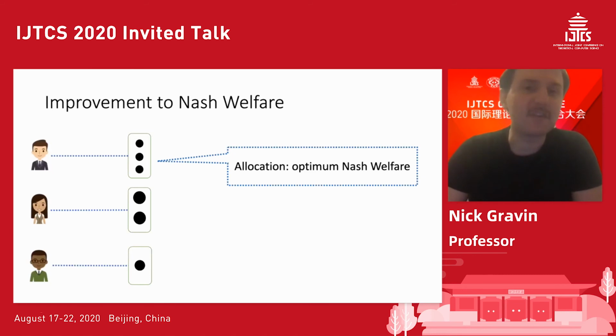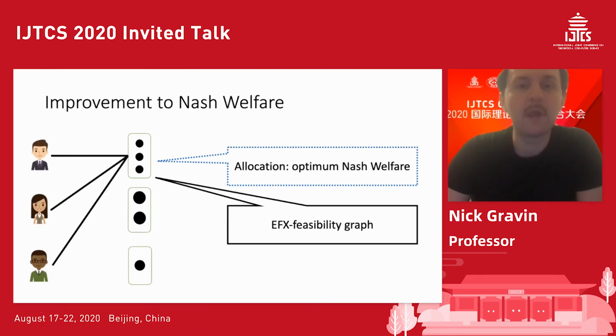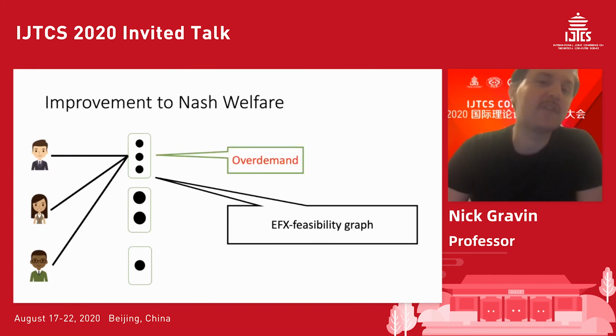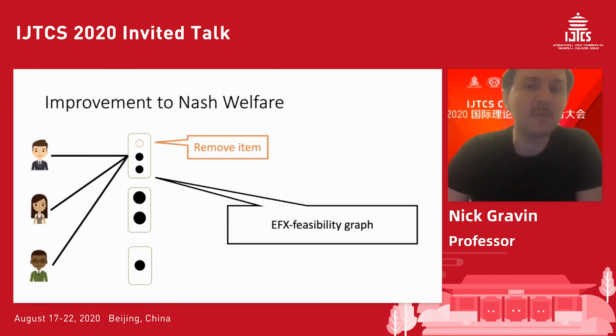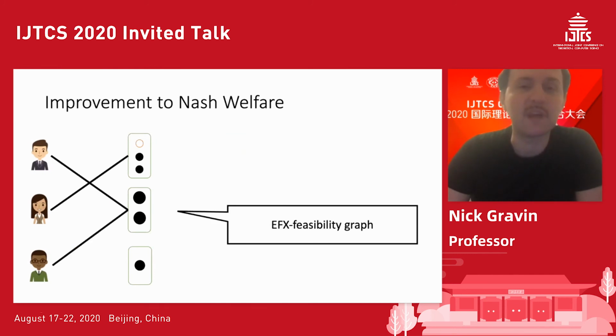So let me just illustrate the high-level point of the analysis. The idea is to improve Nash welfare. We start with, let's say, the optimum Nash welfare allocation, right? And then we look at the EFX feasibility graph. We look at an over-demanded bundle. We remove an item from it, such that somebody would still be happy to get this bundle with the removed item. So let's say it moves away some of the agents.